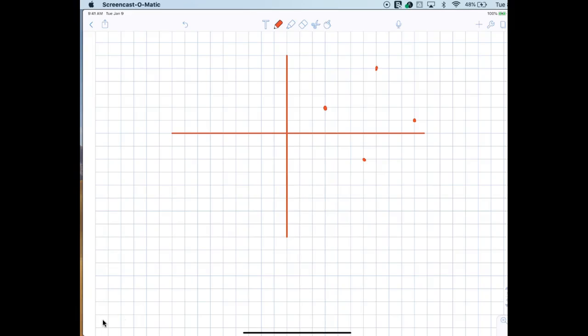I think I did a good job on that. I'll find out here in a minute. Oh, actually, that's not a very good job, because that looks like a square.